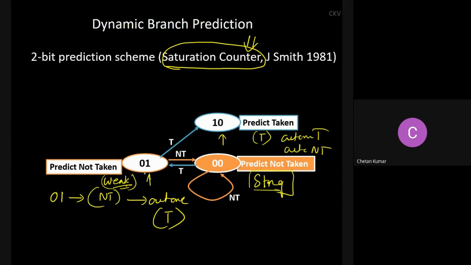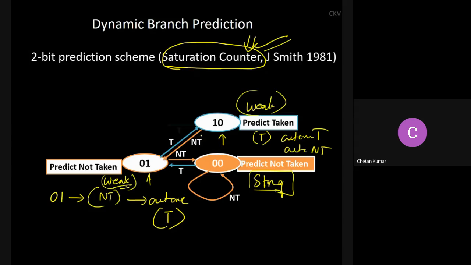So here, if I am wrong once, I am going to this state, which is also a weak state in this prediction scheme. If the branch is not taken, if it is wrong, then I'll go back to the not taken state only. This is how the saturation counter works. There is another scheme which follows another technique, which I'll show later.